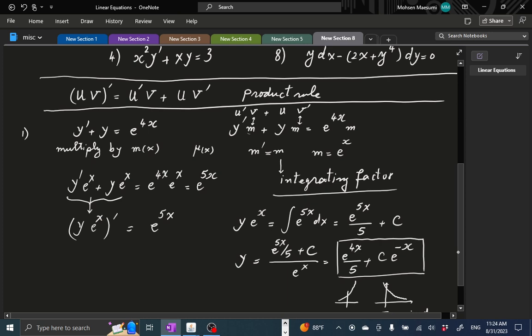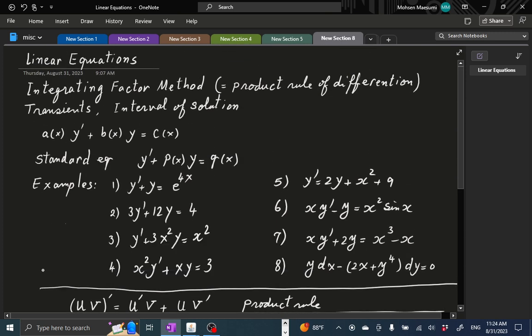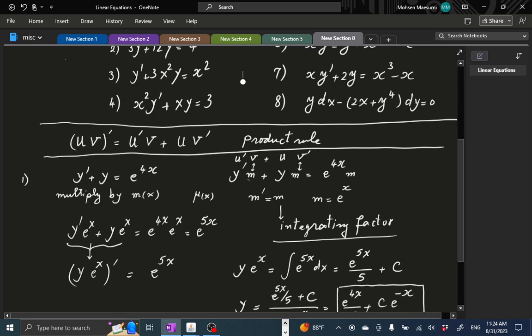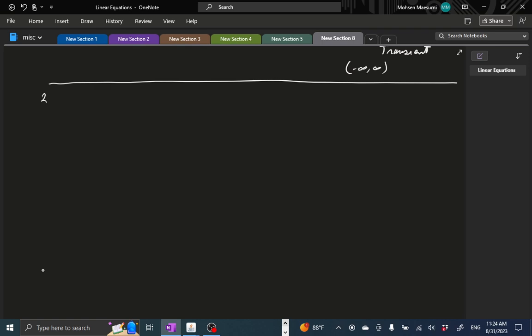Okay, let's take a look at something perhaps with a bit more turn and twist to it. Problem 2: 3y prime plus 12y is equal to 4. Okay, standardization.